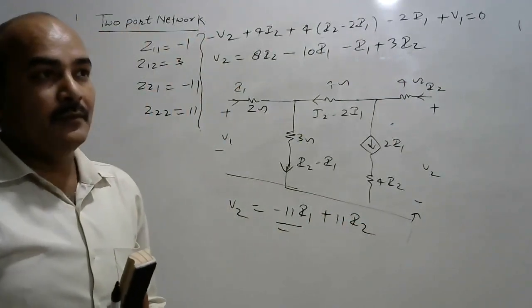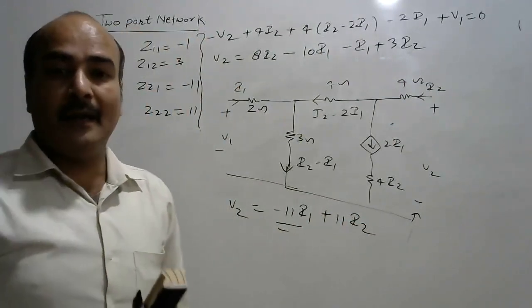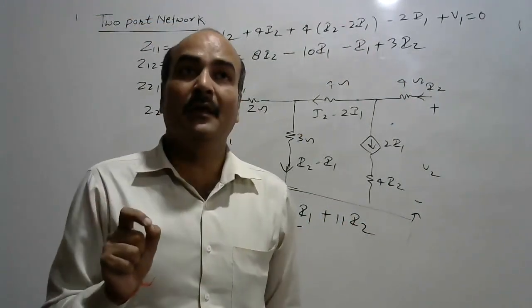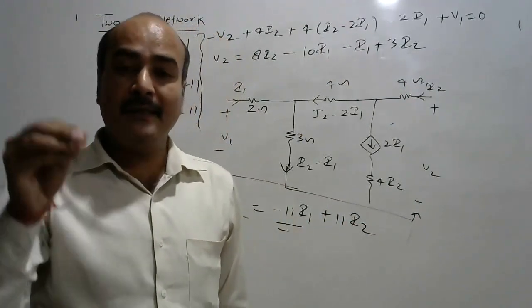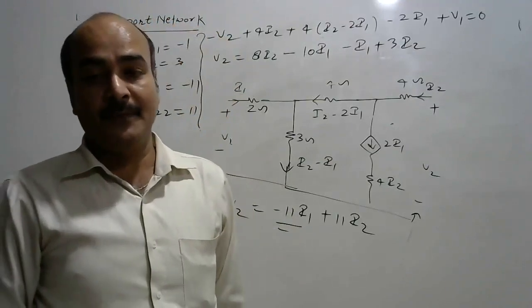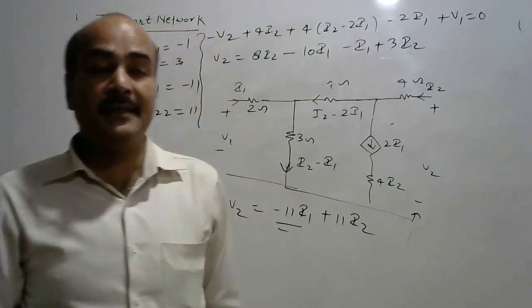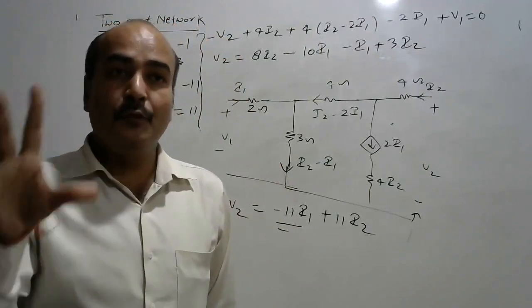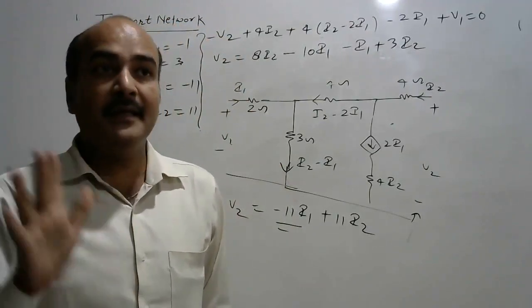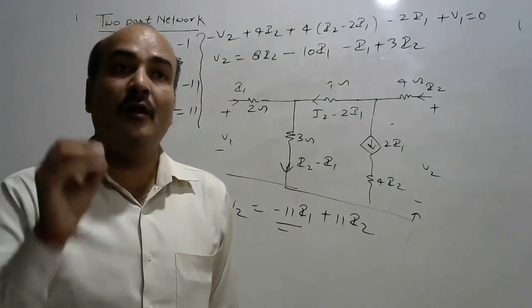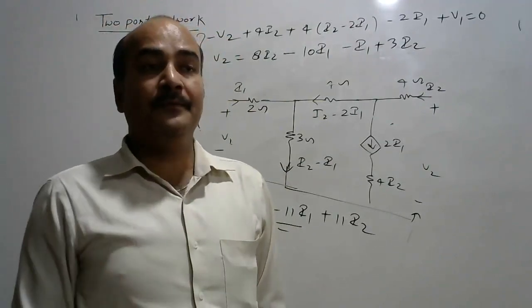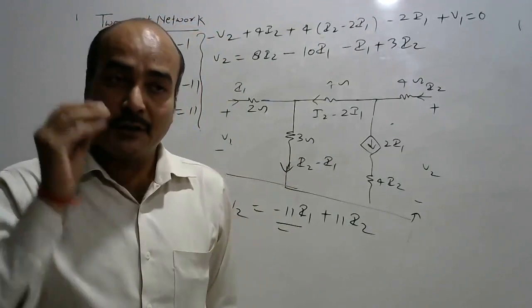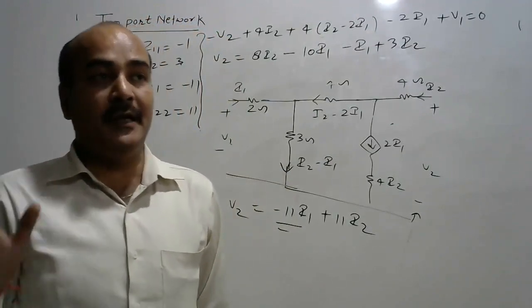So to find all the parameters, you just try to apply nodal and mesh analysis. As I have previously said, if you have knowledge of nodal and mesh analysis and dependent sources, you can easily solve any circuit problem, any theorem, any two-port network.